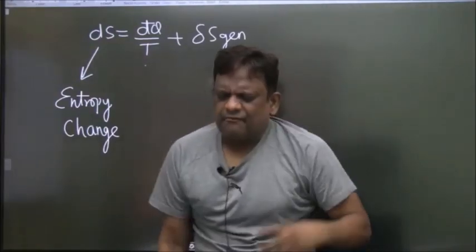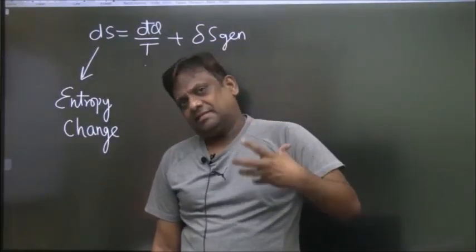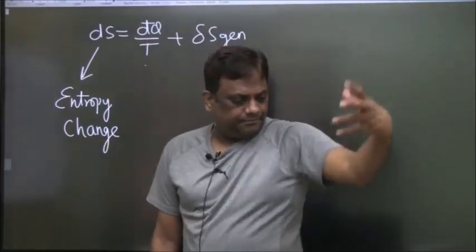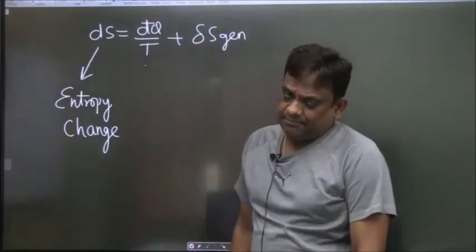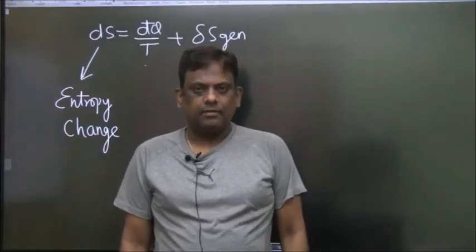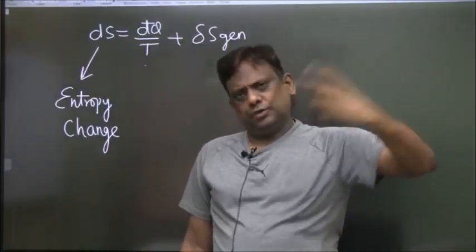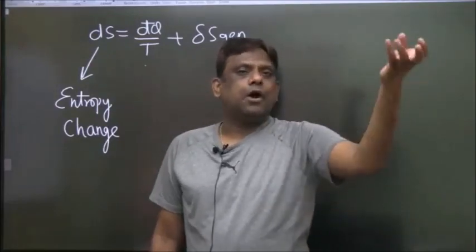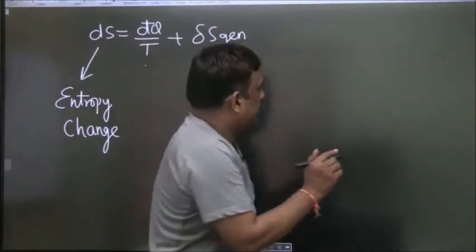You know very well, whenever there is a heat transfer, either it is transferred from the system or it is transferred to the system. Means whenever there is a heat transfer, system gives to surroundings or surroundings give to system. Means my system is interacting externally. What is the meaning of that?